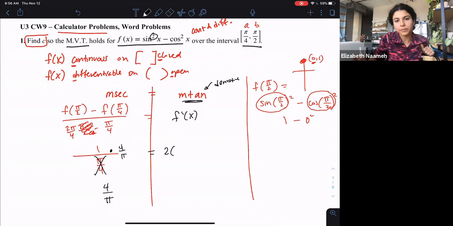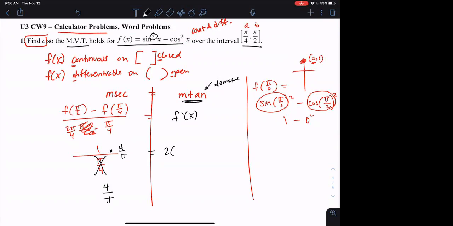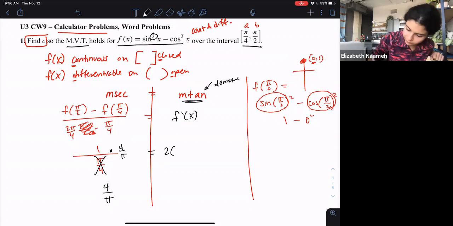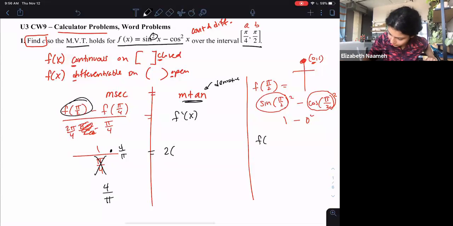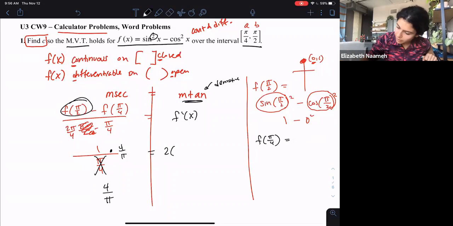I'm confused. We didn't find f of pi over 4, did we? No, we didn't. You're right. We did not find f of pi over 4. I only did f of pi over 2. Let's find f of pi over 4. Thank you. Okay, let's do it in our brains. Pi over 4 is here. What's the sine value, the y over r, for 45 degrees?